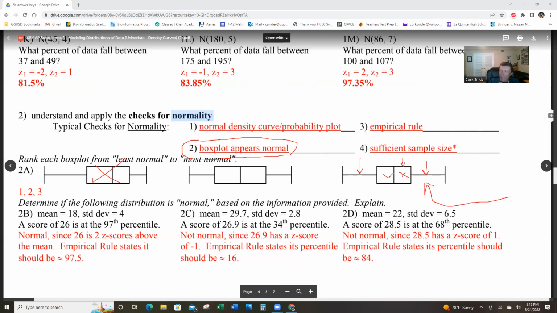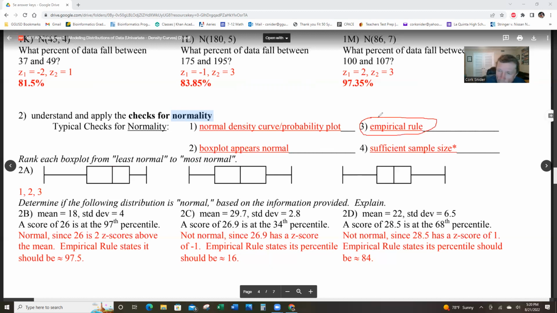So this length and this length are slightly shorter than this for a normal curve, okay? Now, if I saw this when I took data and graphed it, I would accept that as close enough to normal, okay?